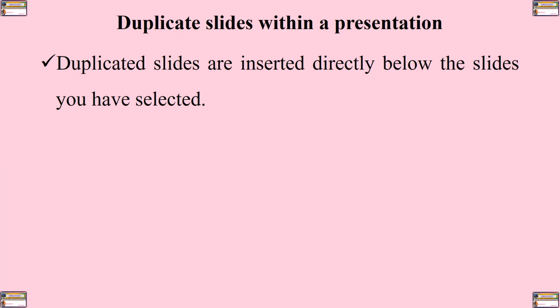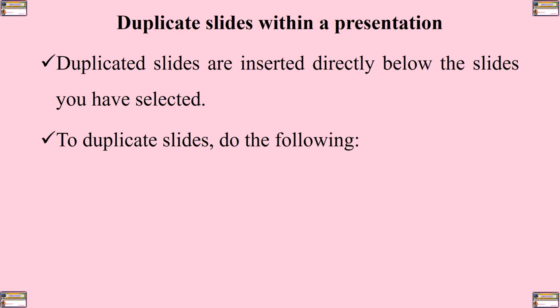So duplicating a slide produces a copy of that slide just directly below it. If you duplicate slide number 1, the duplicated slide will be automatically placed as number 2. So that's the difference between copying slides and duplicating slides.